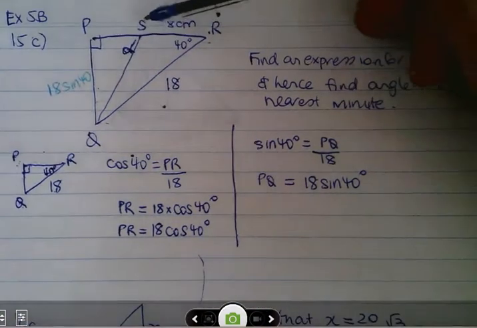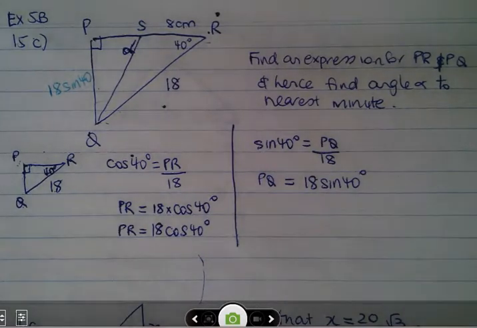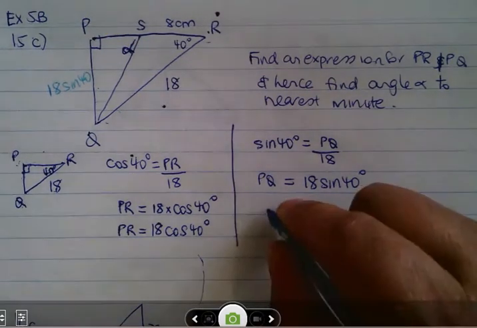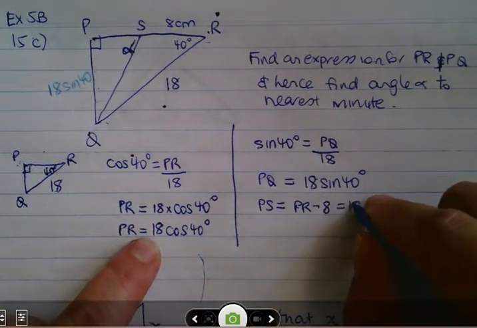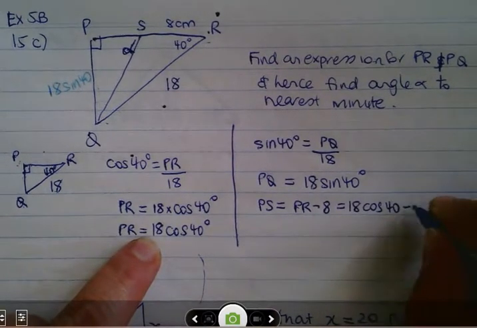That SR is 8 centimeters. So what do you think we can do now? Could we come up with an expression for PS maybe? What would PS be? Therefore, PS is PR minus 8, which is 18 cos 40 minus 8.